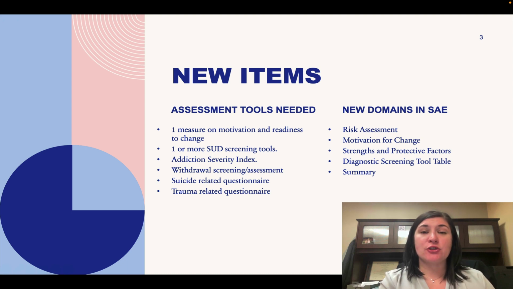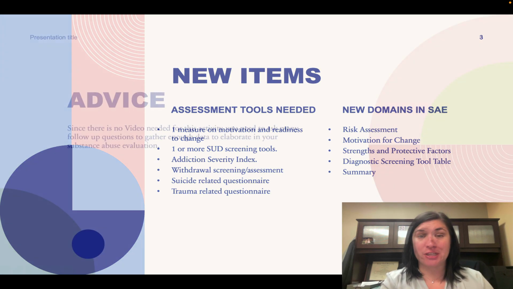You will have a section on motivation for change. And another difference in this writing exercise is you will want to talk about the client's strengths and some other protective factors that might prevent them from relapse or help them be successful in their treatment. And then you'll have the diagnostic screening tool, which you have practiced in one of your activities, and then write a summary of all the information gathered before you discuss your diagnostic and recommendations for treatment.